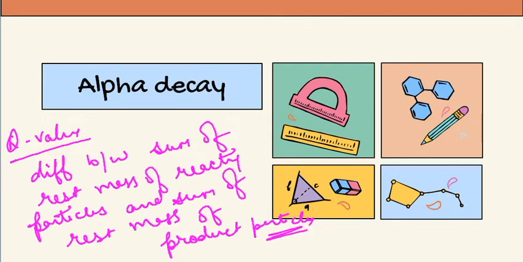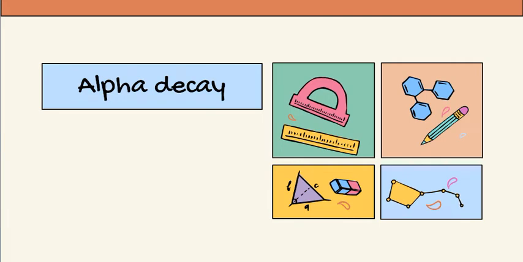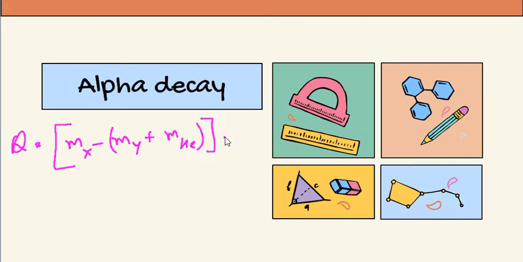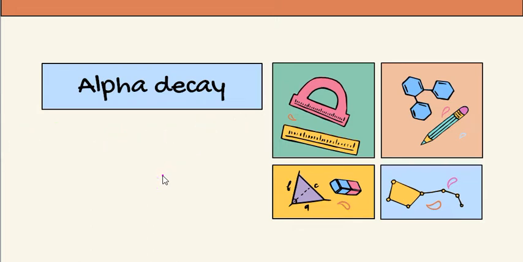How do we write it in the form of a formula? We will write it like this: Q equals mass of X minus mass of Y plus mass of helium, which has been emitted, times c squared. So this is actually delta m c squared, which is Einstein's mass-energy relation. So this is how we express it.